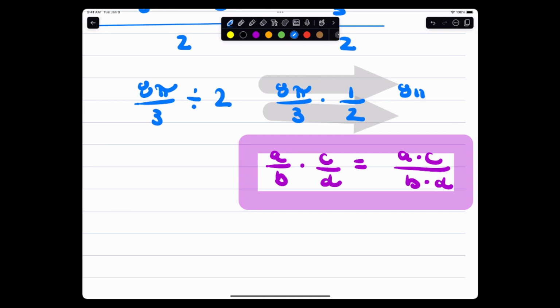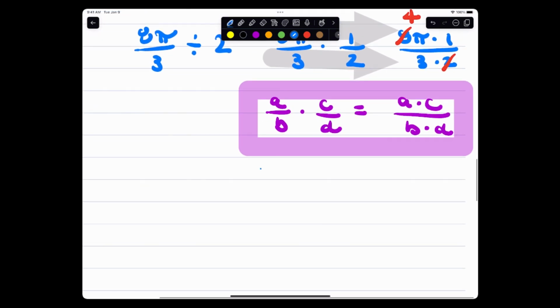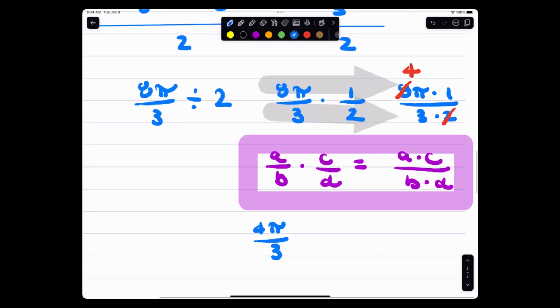You say, Mr. Judge, is 8 pi times 1 over 3 times 2? Yes, what happens here? 2 goes into 8 how many times? 4. So what does that give you here? Is that 4 pi divided by what? 3? Yes. Why is that 4 pi divided by 3? You got 4 pi over 3.